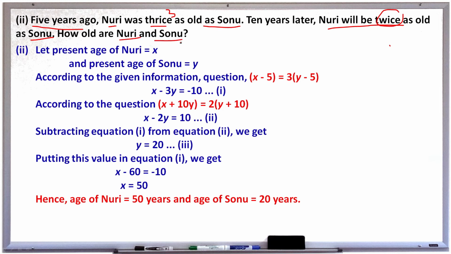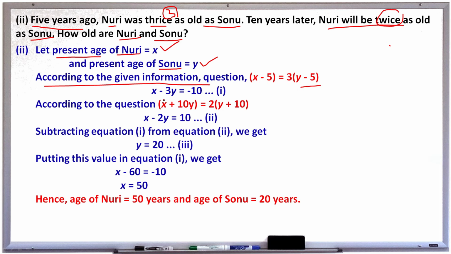Now let us consider the present age of Nuri to be x and the present age of Sonu to be y. According to the question, we can write x minus 5 is equal to 3 times, it is given 3 times as old as Sonu, so 3 times (y minus 5).